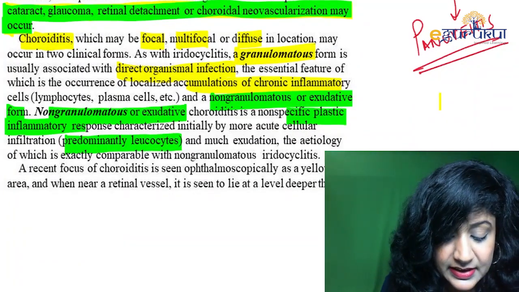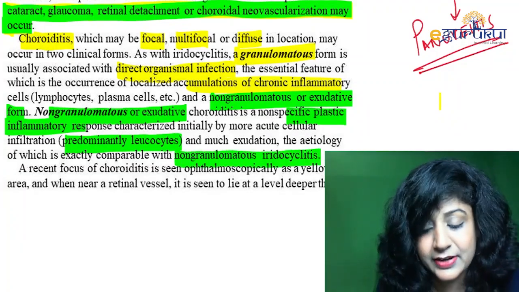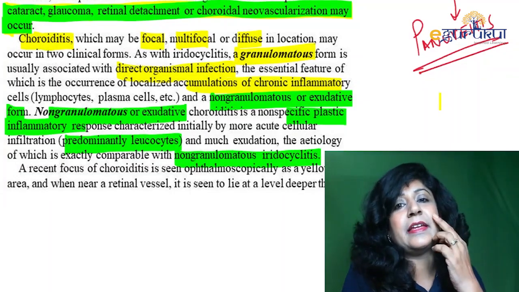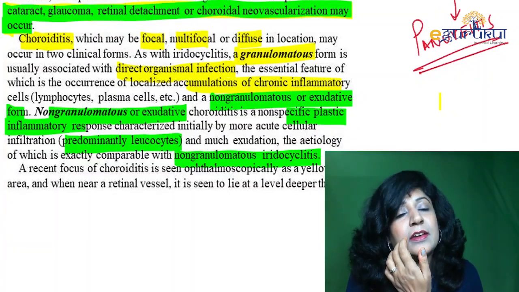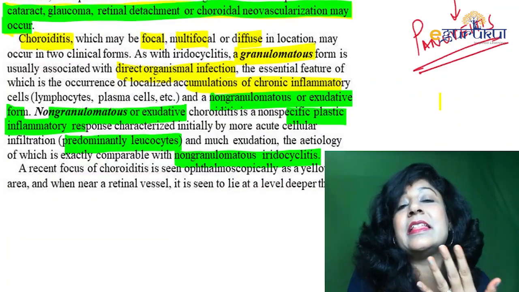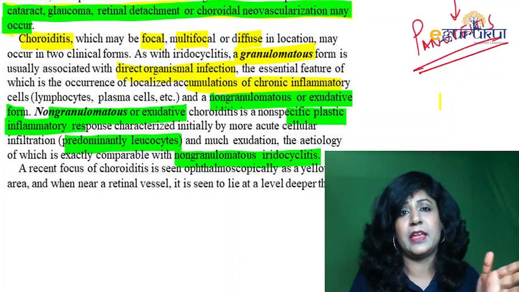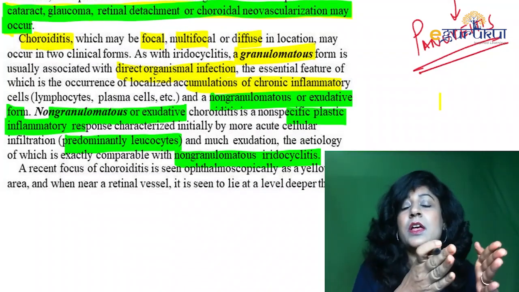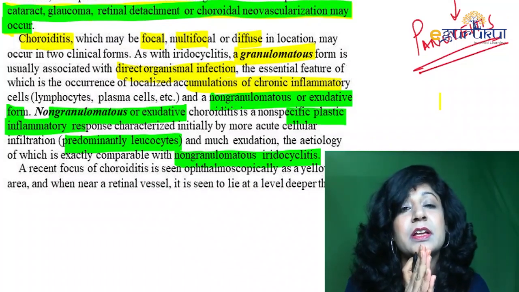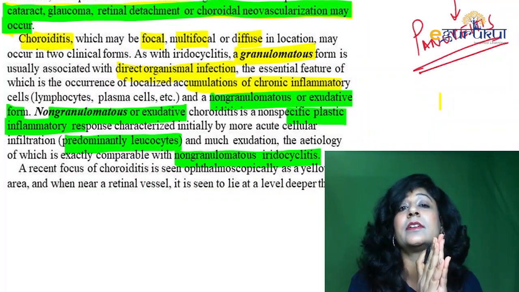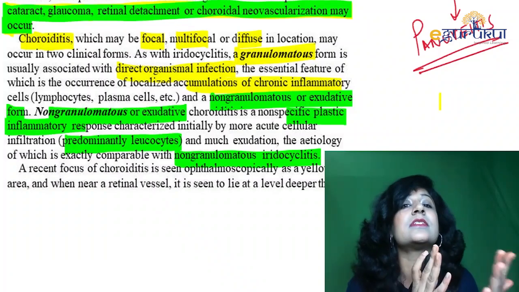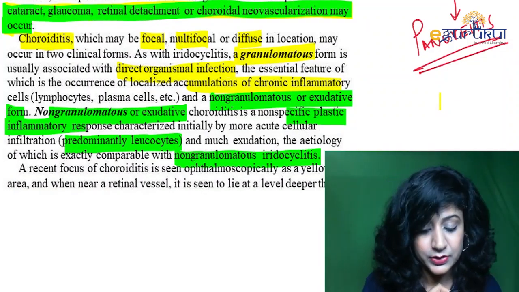The etiology is exactly comparable with the non-granulomatous iridocyclitis. So they are saying that like we were having granulomatous and non-granulomatous in the anterior uveitis, similarly we are having in the posterior uveitis also, and they can go parallelly. You can characterize the clinical features and the causes in the same manner as you were doing with the anterior uveitis.